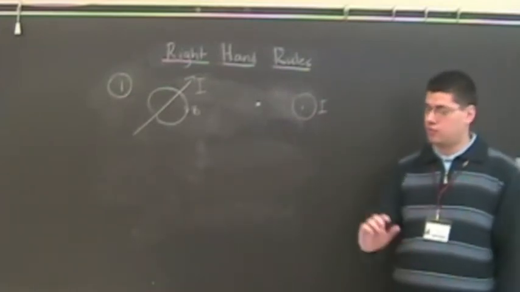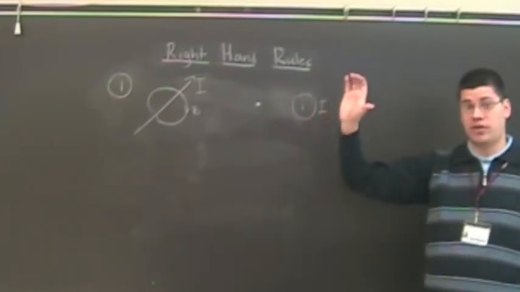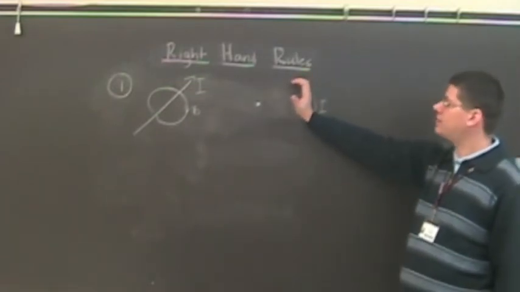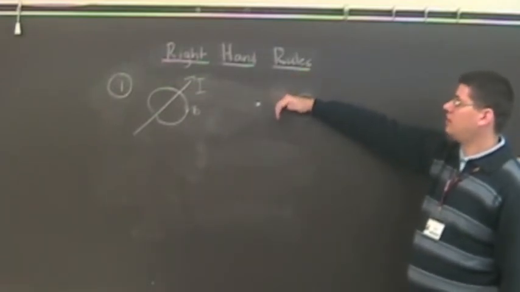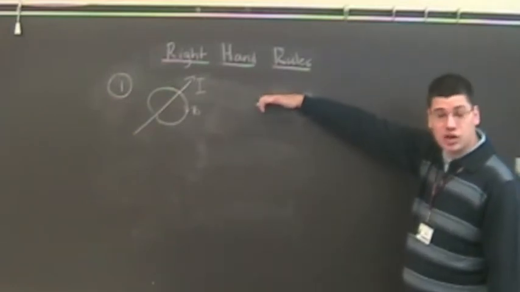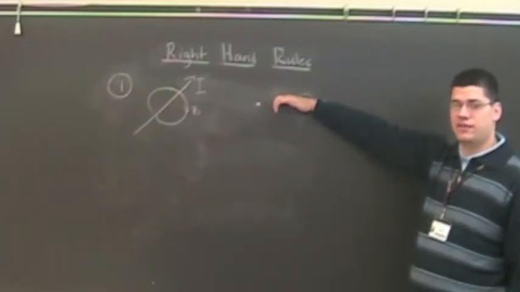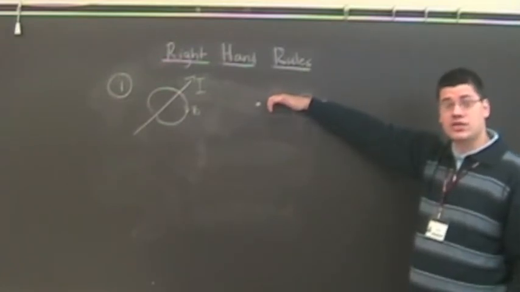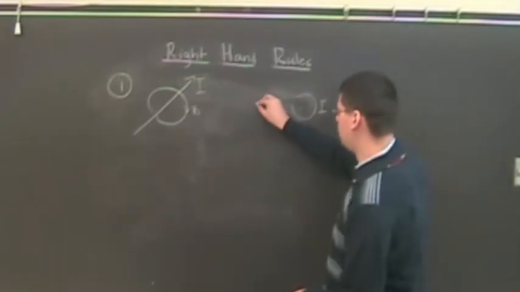The way you would use this rule is, as I said, you line up your thumb, which is the direction of current, with what it is, and then you rotate your hand until your fingers are where you're trying to find the magnetic field. So in this case, the fingers are pointed downwards, therefore the magnetic field is going to be downwards.